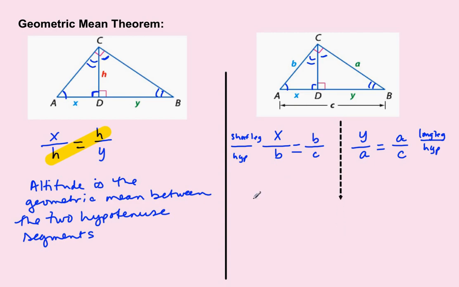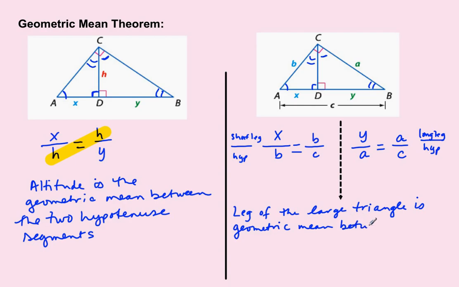So I can say something along the lines of this: the length of the leg of the large triangle is the geometric mean between the entire hypotenuse and the adjacent hypotenuse segment.